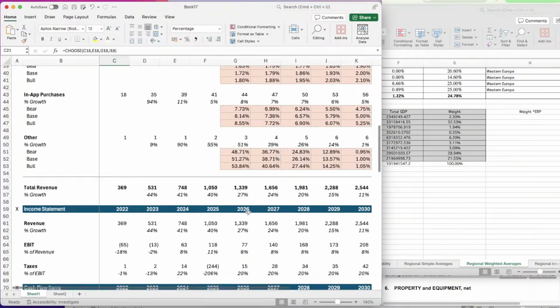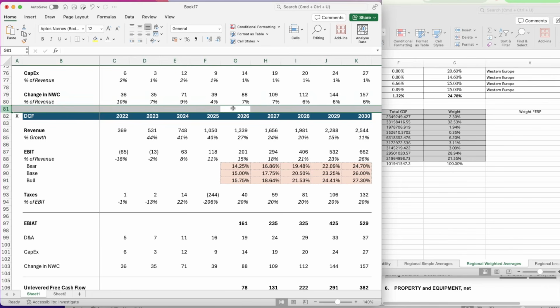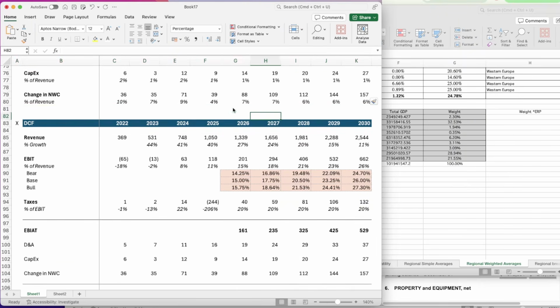Okay, we're good to calculate the unlevered free cash flow, the present value of free cash flow. Above on the DCF section, put 0.5. Pull all of these along.